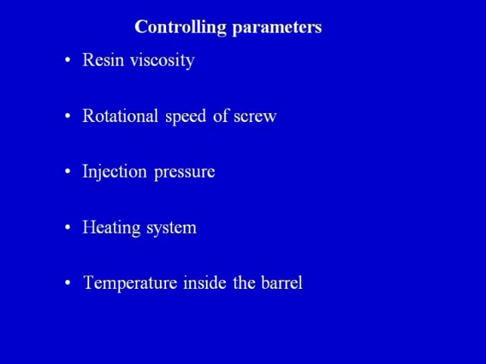Again I will read out the important parameters which need to be controlled in order to make a high quality, very precise, very accurate, good quality product: resin viscosity, rotational speed of the screw, injection pressure, heating system, and temperature inside the barrel. These are the elements which have to be taken care of in the injection molding process.